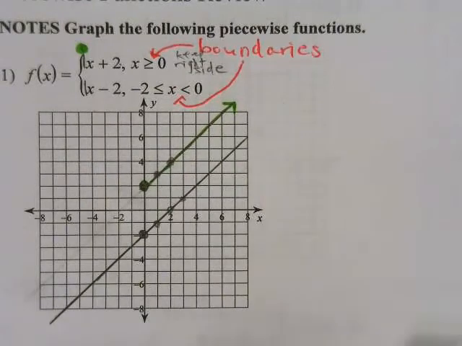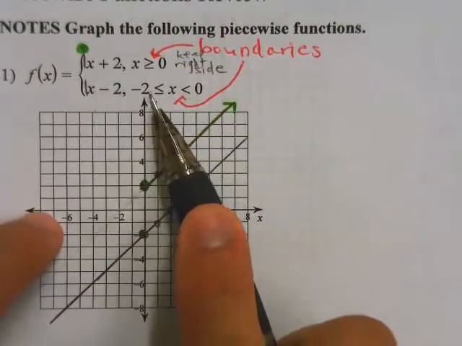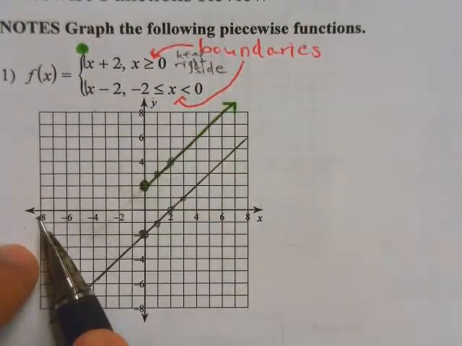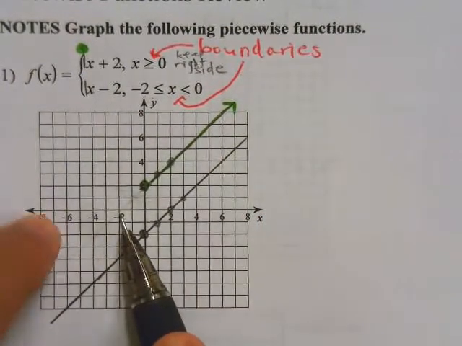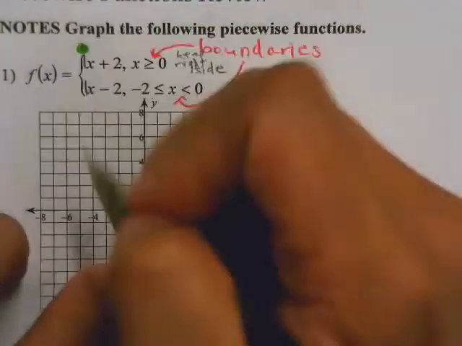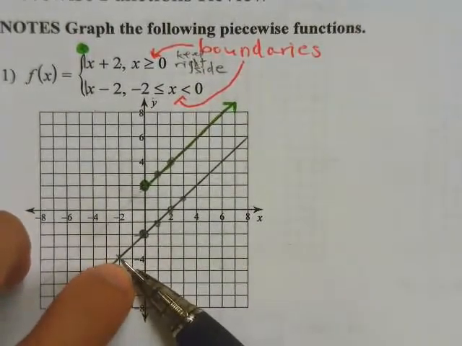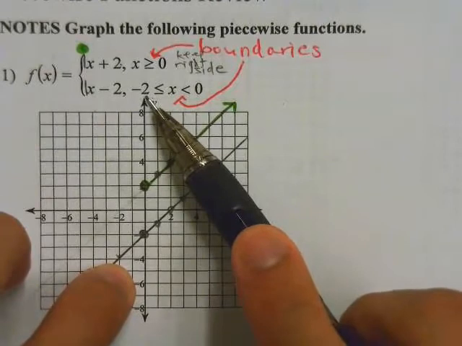The boundary is in between -2 and 0. So I'm going to spot where -2 is at, where x is at -2, which is over here. And then I'm going to go down to the graph. Okay, so I'm going to just have this point as a reference because we're going to need it. And then it's between -2 and 0.